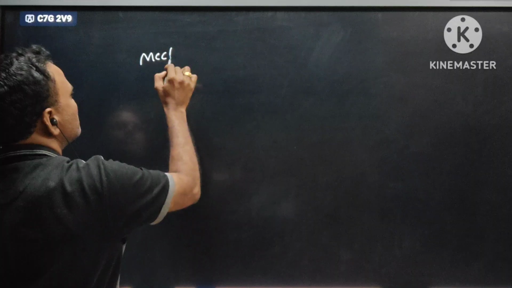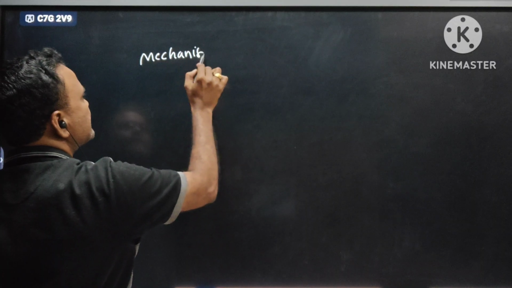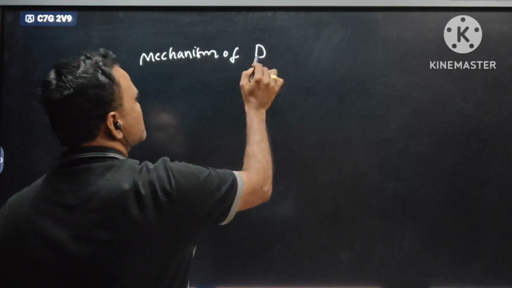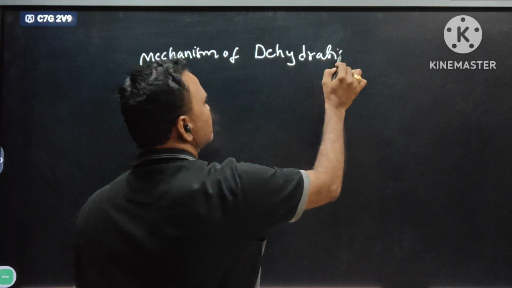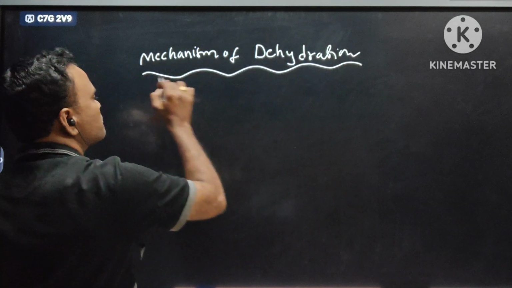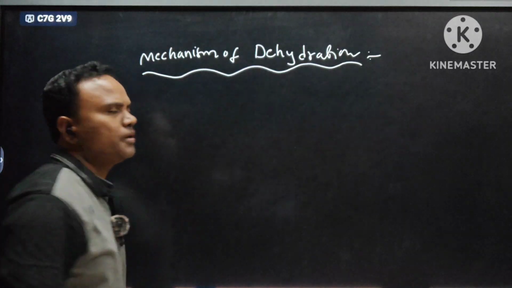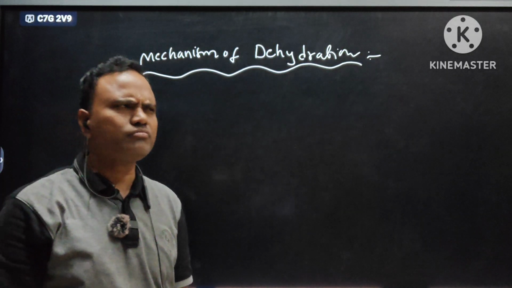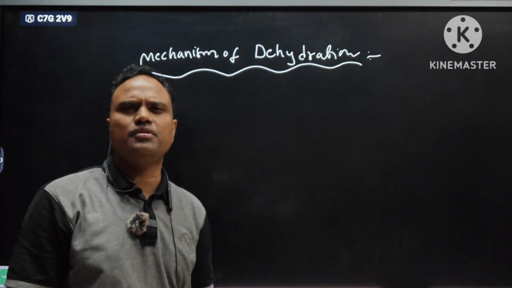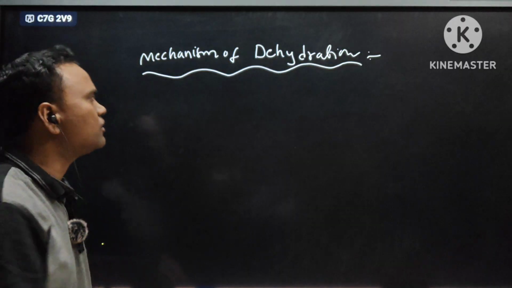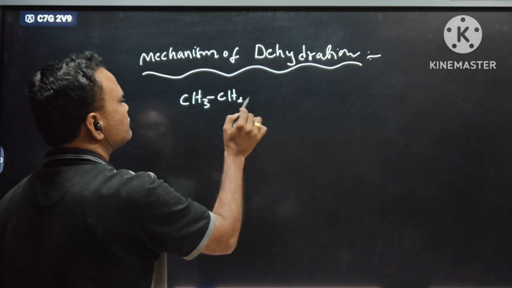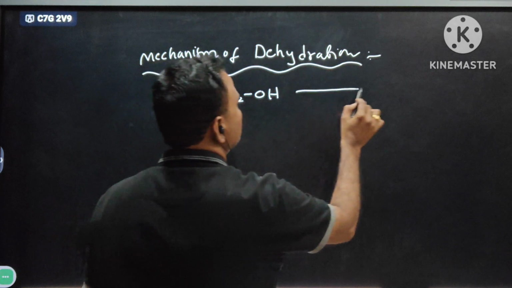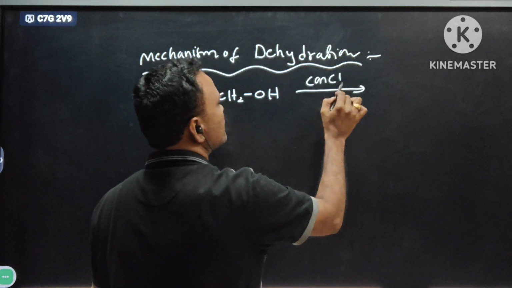Mechanism of dehydration. Let us take one simple example, ethanol, ethyl alcohol, CH3CH2OH, with concentrated sulfuric acid.